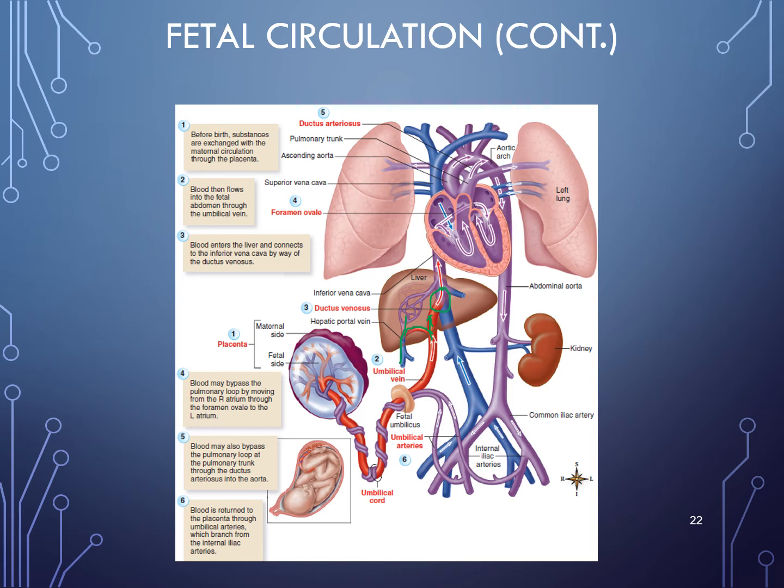All right, now as the blood heads towards the heart, it is going to come into the right atrium, and some of the blood is going to go down into the right ventricle. But there is so much resistance in the lungs.